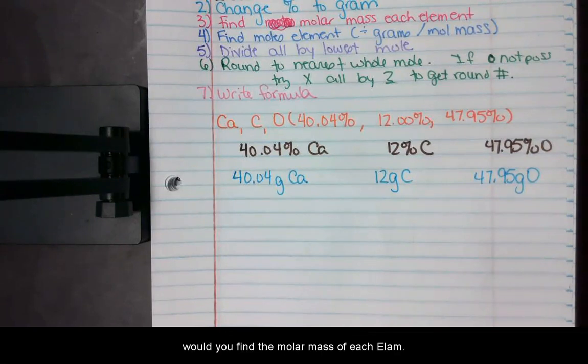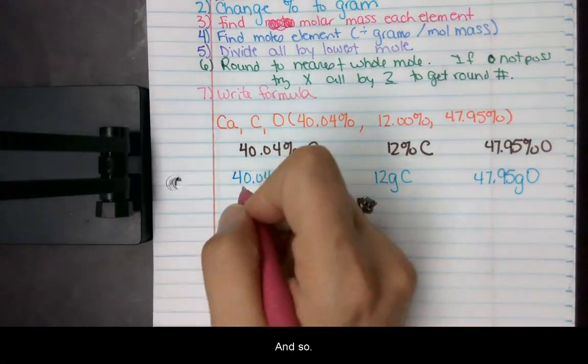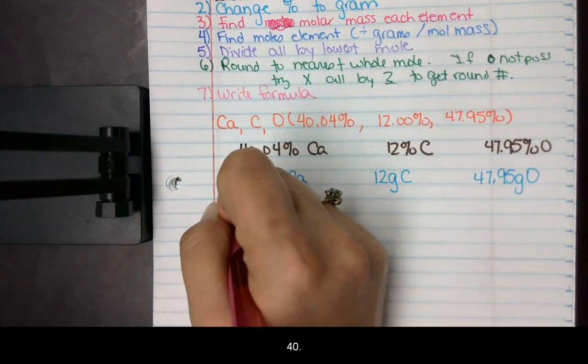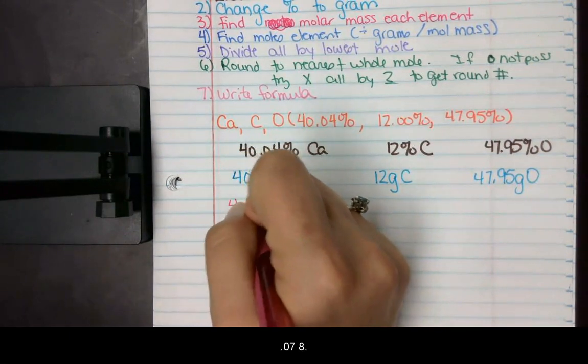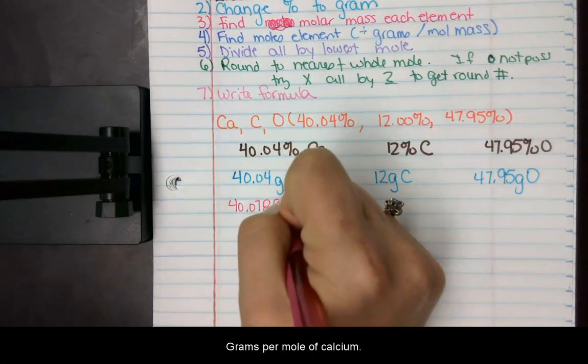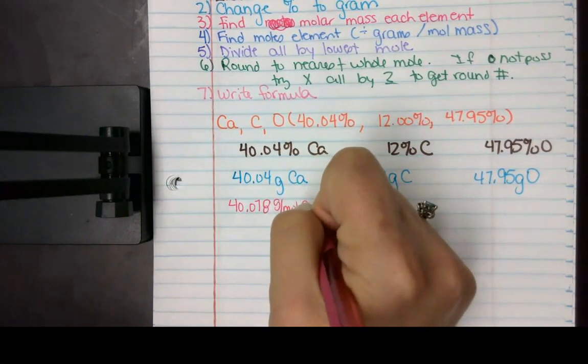Then what you do is you find the molar mass of each element. We can look it up on the periodic table. So it is 40.078 grams per mole of calcium.